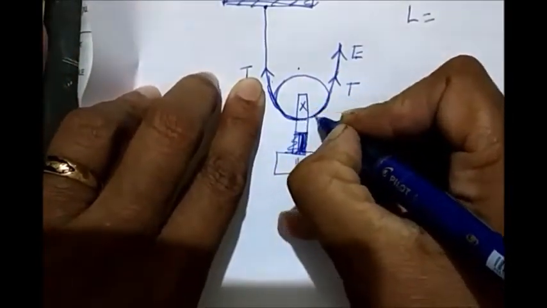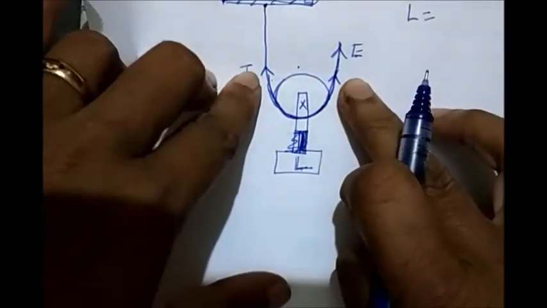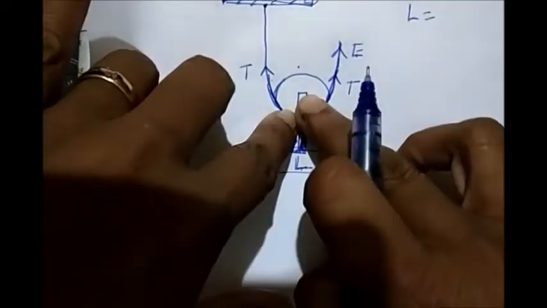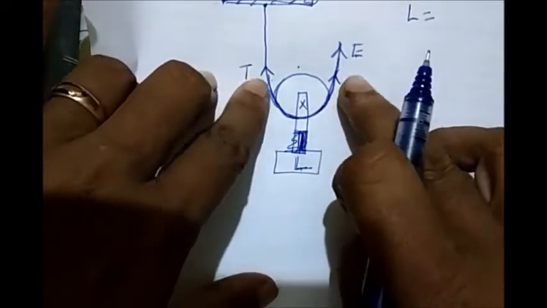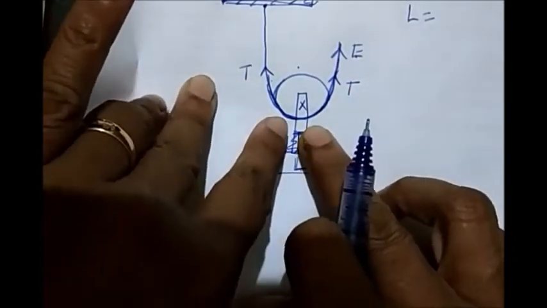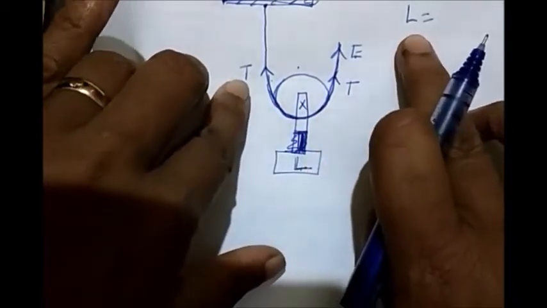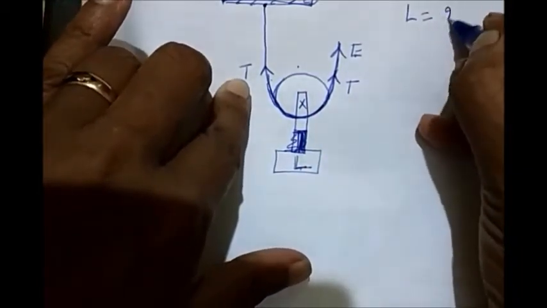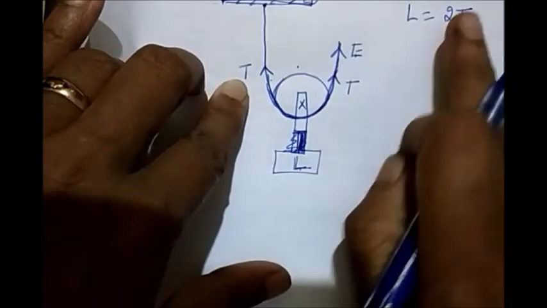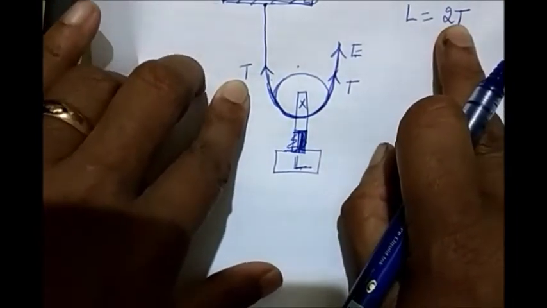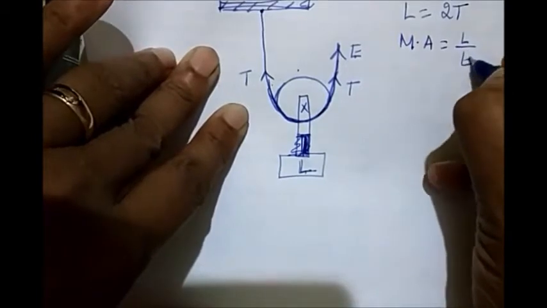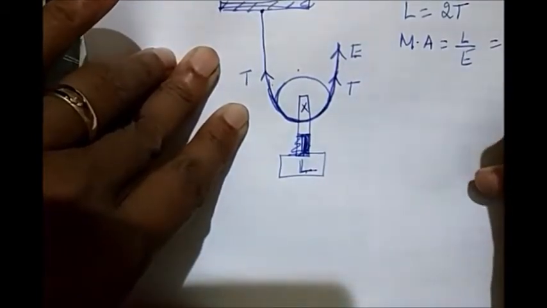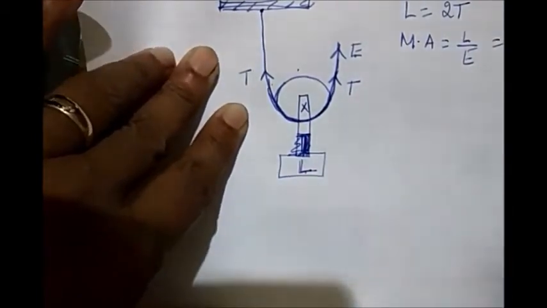So both the strings are playing a role in lifting this load up. Load will not be just T, it will be 2T, because T plus T you will have 2T. So this makes our mechanical advantage 2. Load upon effort, 2T by T, that will be 2.